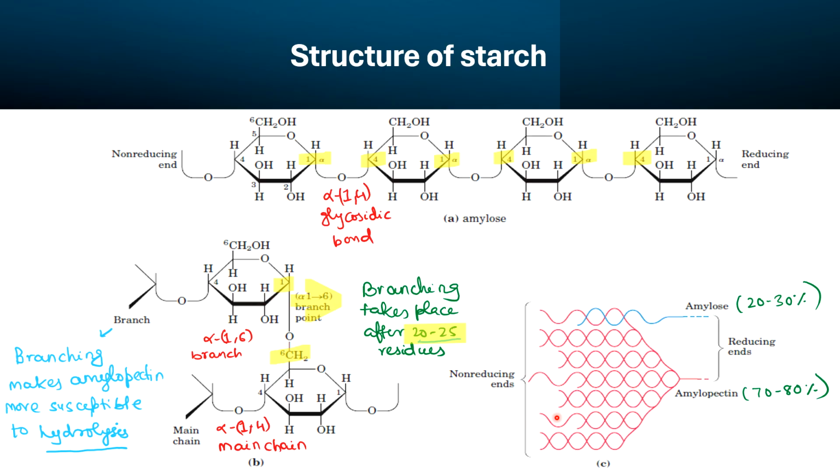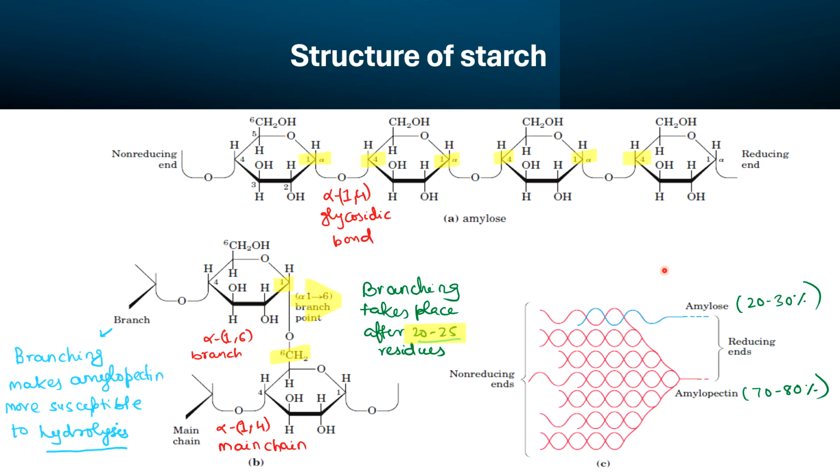So amylopectin is relatively easier to hydrolyze, and at the several branching points, at the ends of the branches, the sugar residues can be released to provide energy, right? So the structure of amylose and amylopectin is basically the same, only amylopectin will have a branching at the sixth position and the extra bond will be alpha 1,6 linkage.